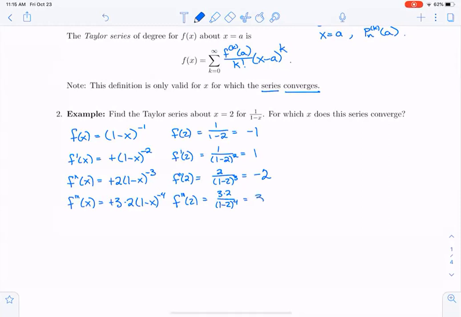So this becomes just 3 times 2. And then I'm going to do a fourth derivative. The fourth derivative at x is actually negative 4 times 3 times 2 times 1 minus x to the negative 5 power.